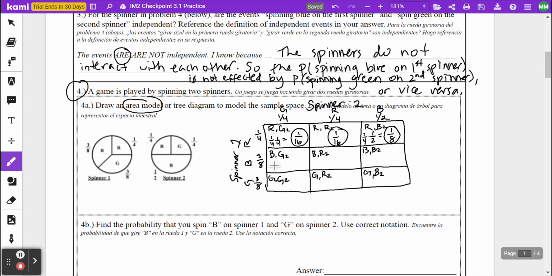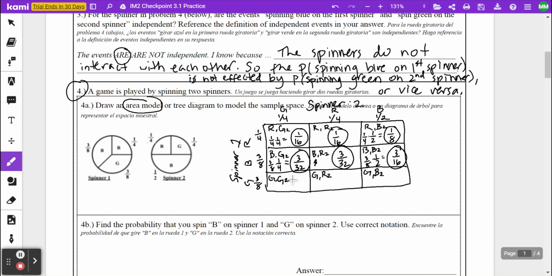This is 1/4 and 3/8, so this is 3/8 times 1/4 equals 3/32. This is 3/8 times 1/4 again, so that's going to be 3/32 again. This is 3/8 times 1/2, so that's 3/16.